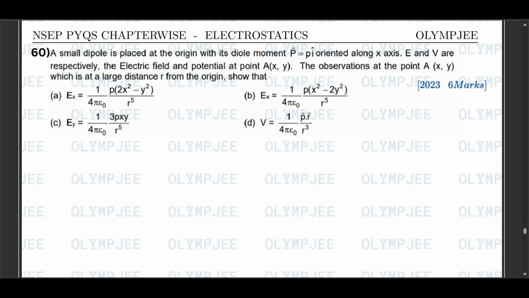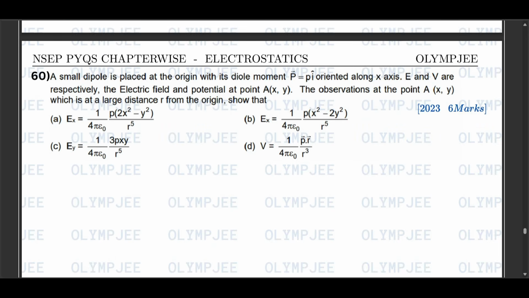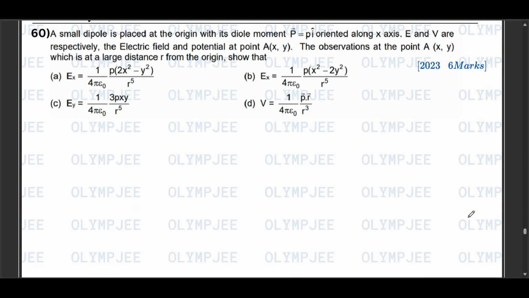So moving on to question 60, we have a small dipole placed at the origin with its dipole moment P along the x-axis. E and V are respectively the electric field and potential at a point xy, which is at a large distance r from the origin. So let me write the known results we know from studying the chapter.